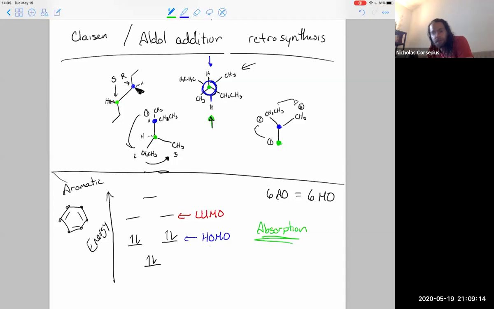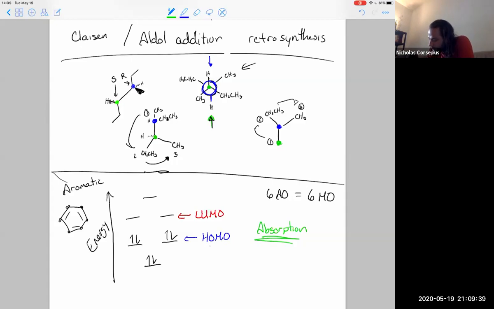Right, so this is because light is going to be absorbed because it's going to excite an electron from the HOMO to the LUMO. Right, so that's why molecules will absorb light, is because they'll promote an electron that's in the highest occupied to the lowest unoccupied. They'll excite that structure, excite the electronic structure.